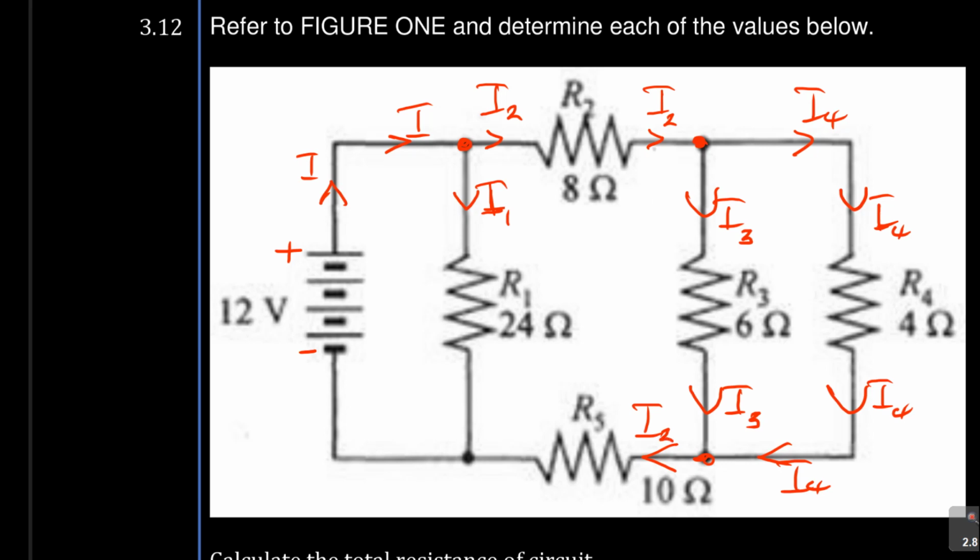Look back, it was I2 that split. After combining, we're back to I2. But I2 is passing through I5. It's the same. Whether you say I5 or I2, it's still the same current. And then further, it combines here to give you your I, which we call I total, IT. This becomes IT, which enters here as our IT.